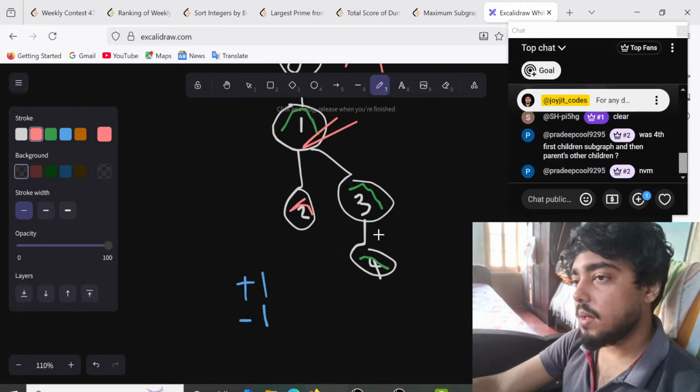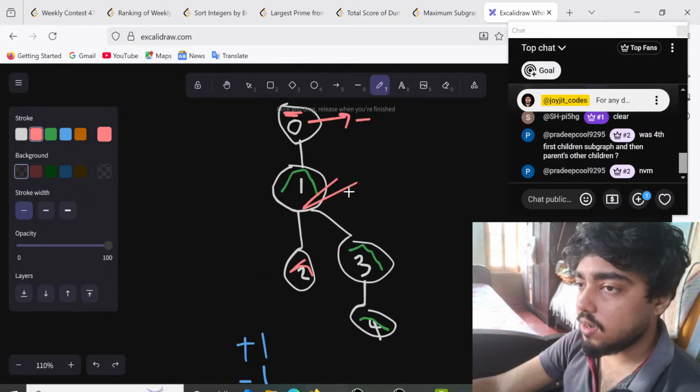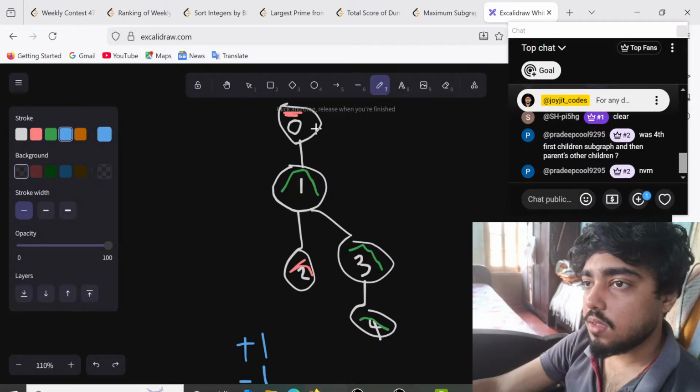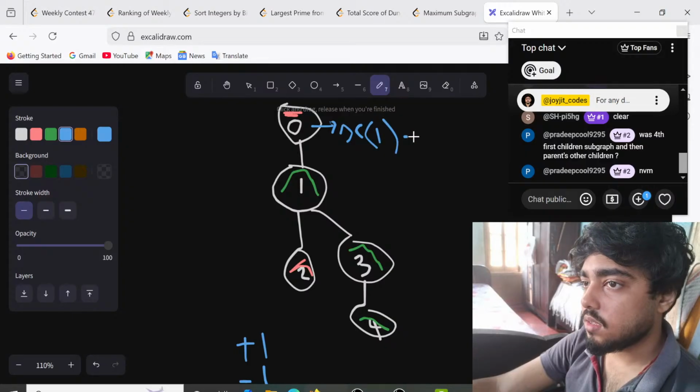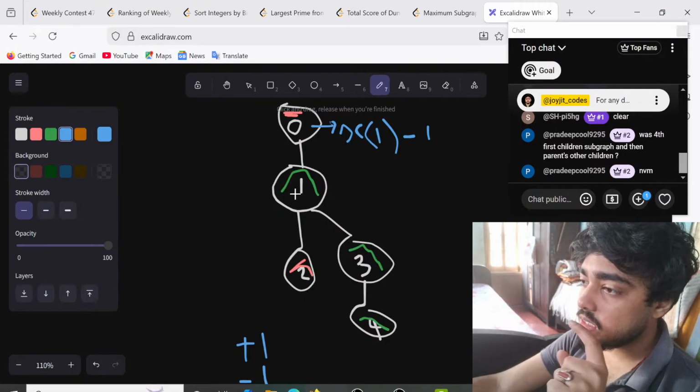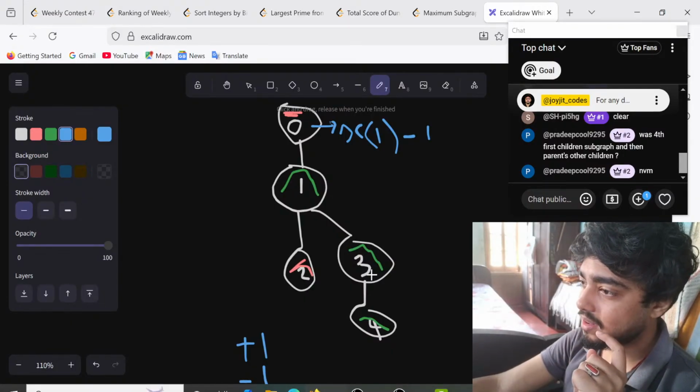How do we find the score of 1? The score of 1, minus 1, this minus 1 is from 0. Score of 1 is nothing but the maximum of score of 2 and 3, plus 1.